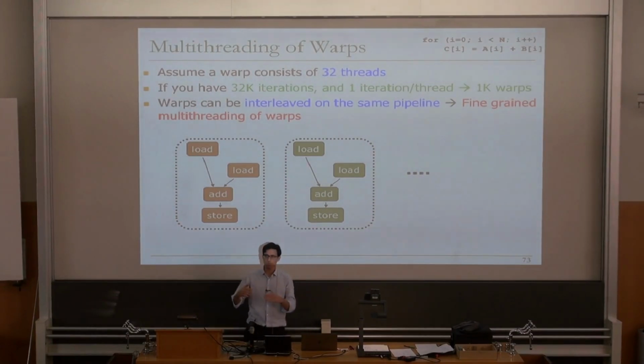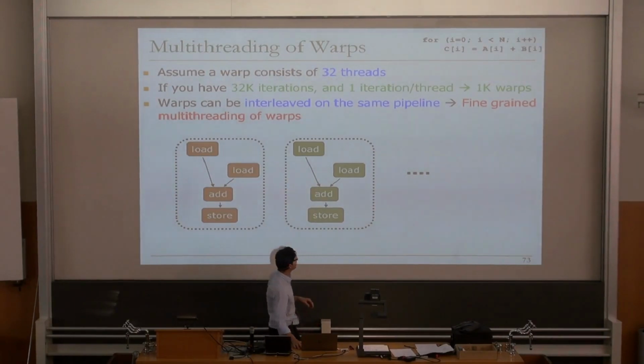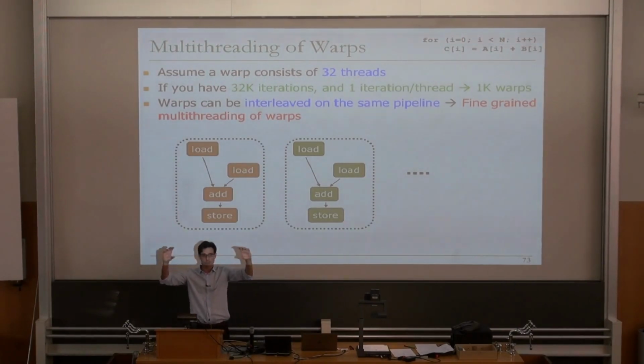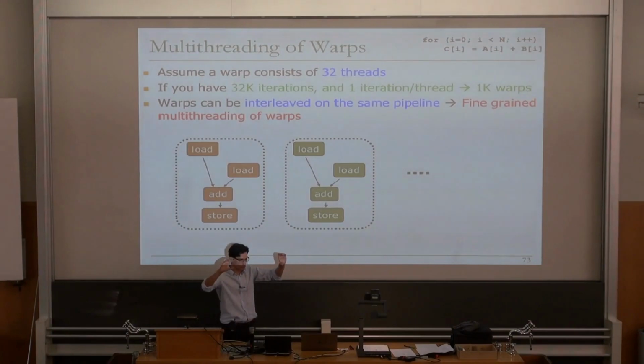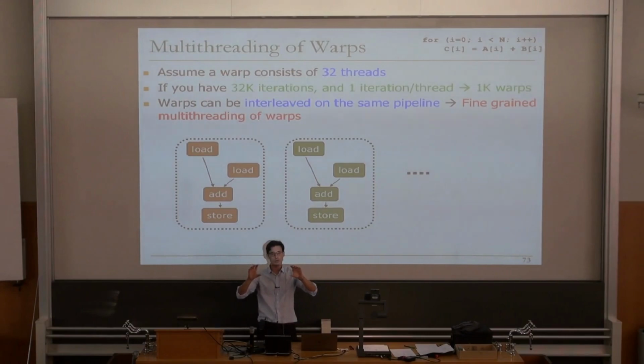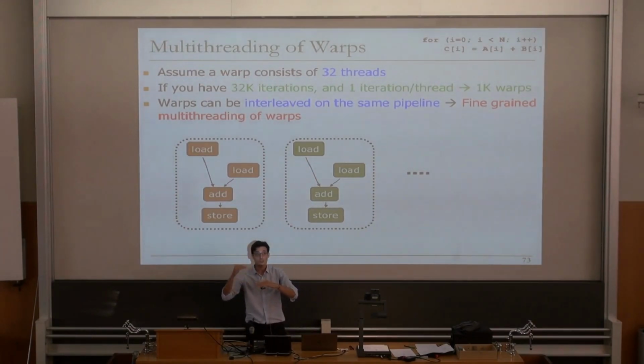Instead of saying, okay, I have my warp 0 here, and I need to execute these instructions for warp 0, meaning this load, add, store, recall that warp 0 is the collection of 32 threads. Instead of executing the first load for warp 0 and then the second load for warp 0 and then the addition for warp 0, what we are going to do is interleaving the execution of different warps.